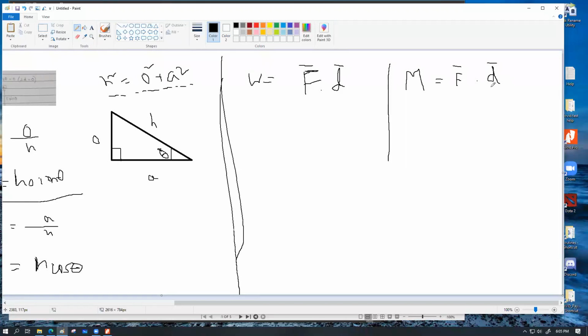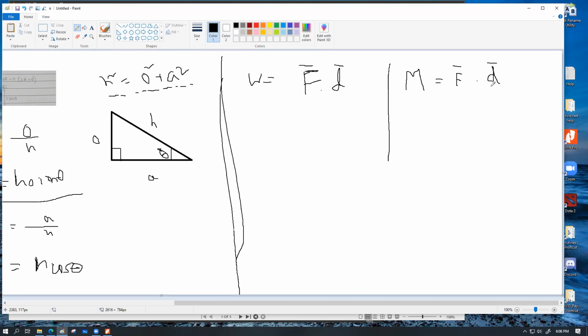For the case of moment, we do not essentially move any object from point A to point B, whereas displacement essentially means physical location change of an object. That's what we refer to as displacement. So instead we say the perpendicular distance of the force from the pivot point.